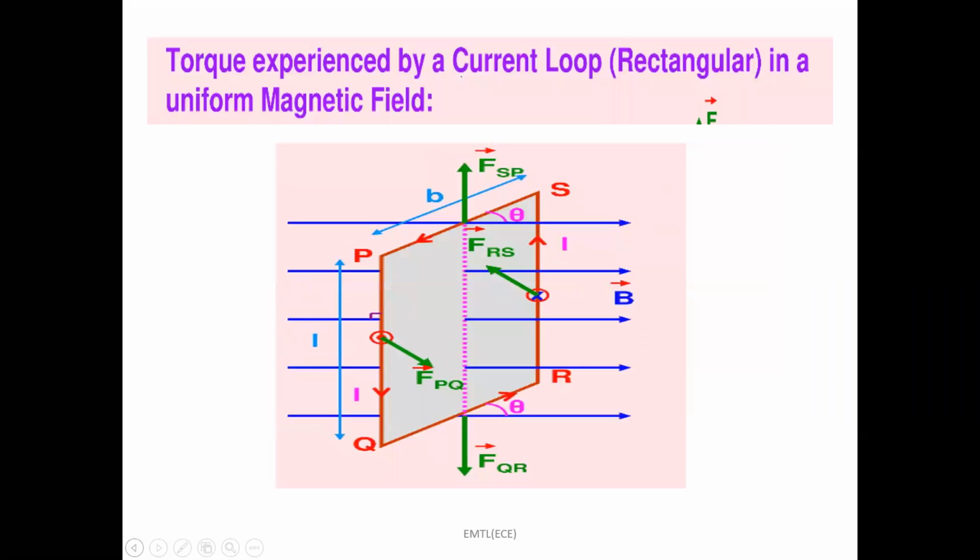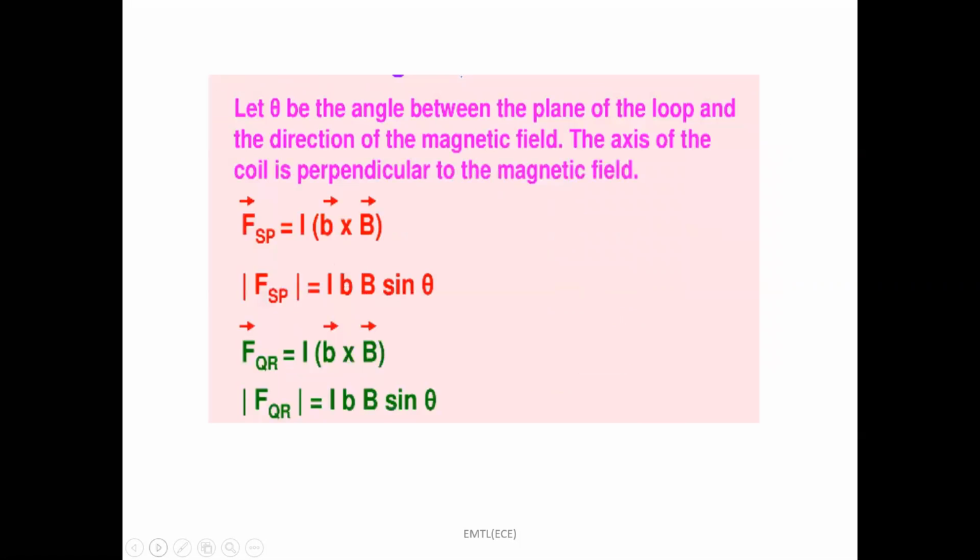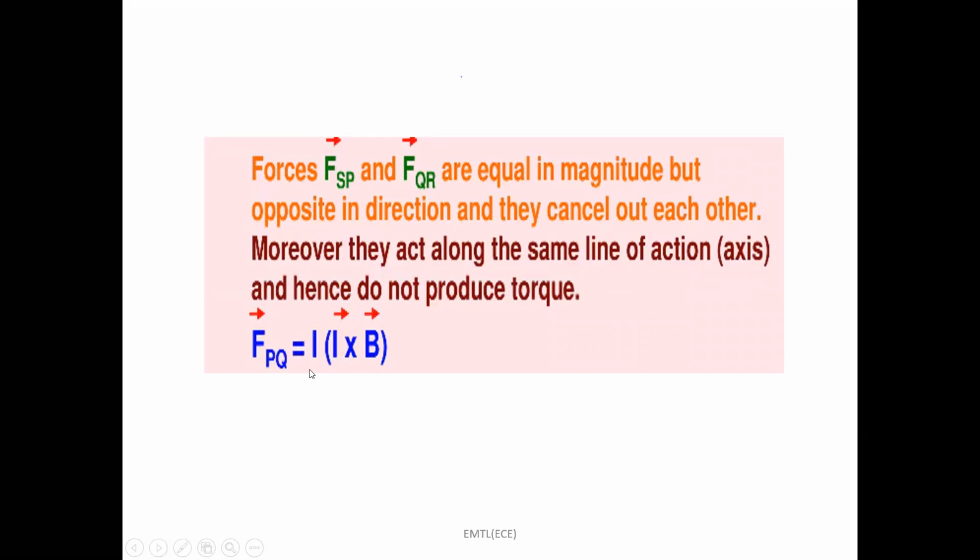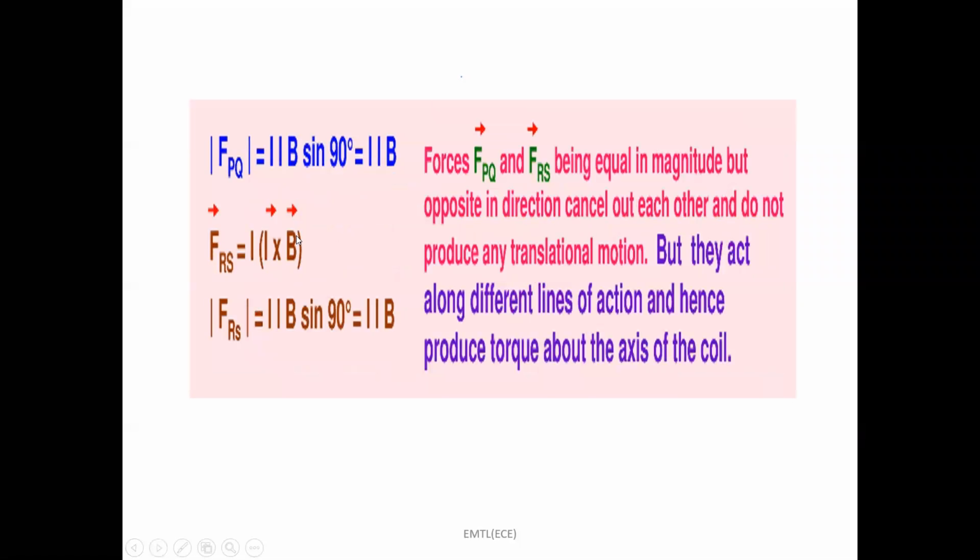Now, the side PQ. Here, the magnetic force on side PQ is equivalent to I into L cross B, where L is the length of that side. That is ILB sin 90 degrees. Why do we take 90 degrees here?